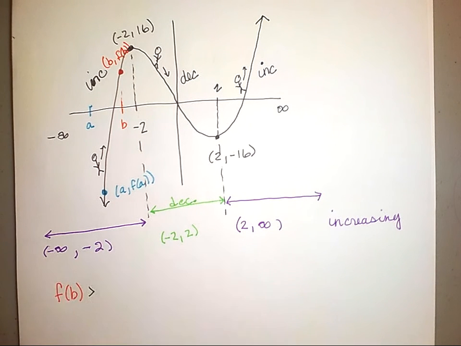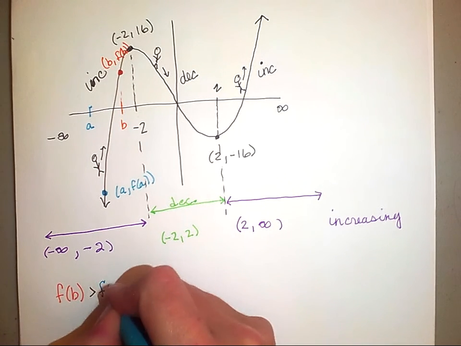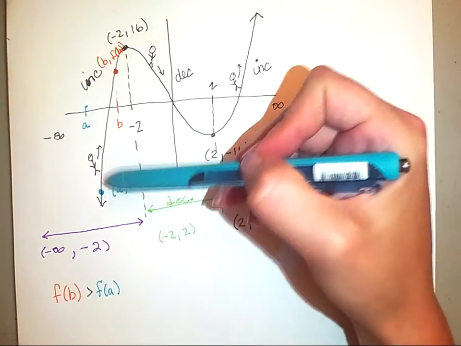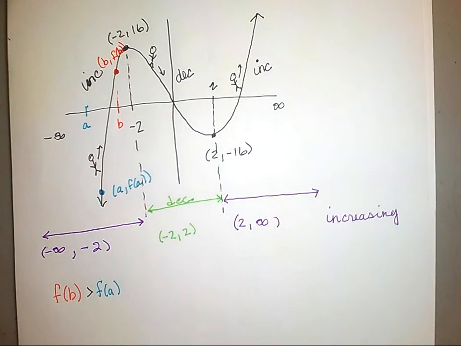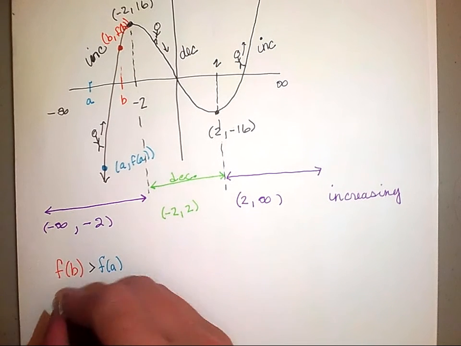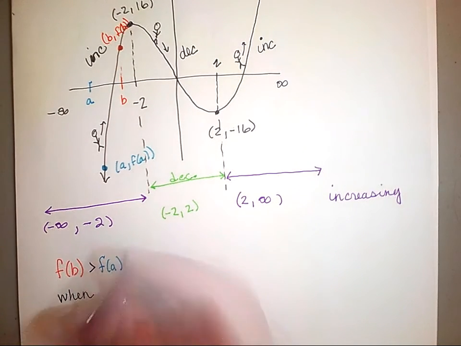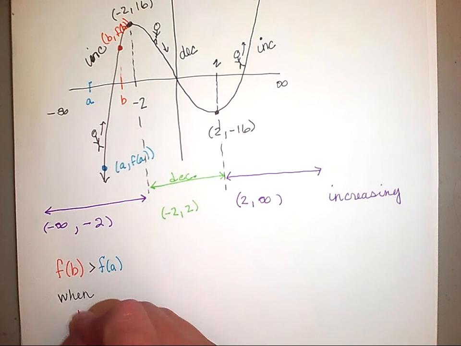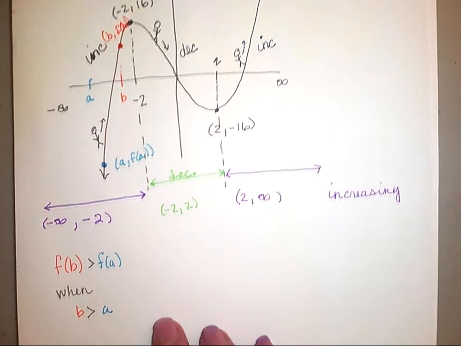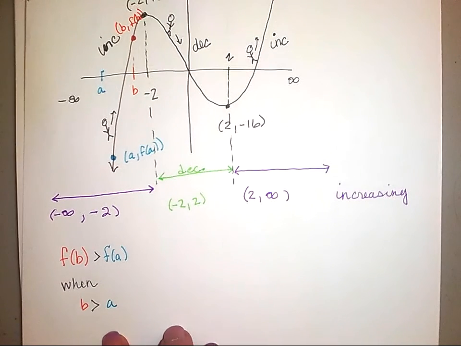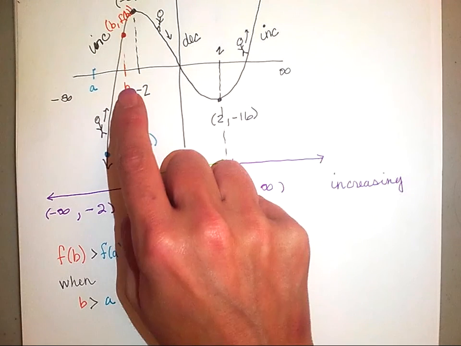Well, what can I say about these things for sure, even though I don't know what f of A and f of B are? Well, if it's an increasing function, I know that f of B must be greater than f of A. That is, if I'm to increase, f of B will be above f of A. But we have to say when that's going to happen.